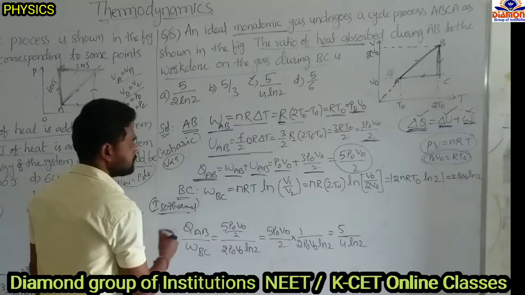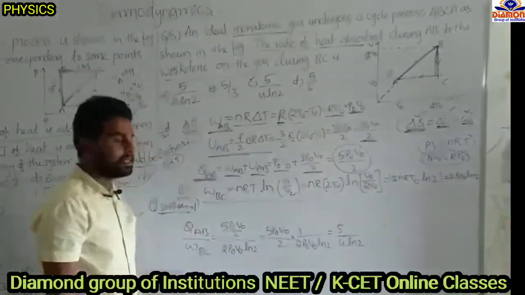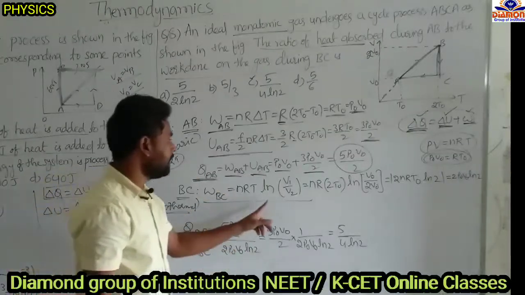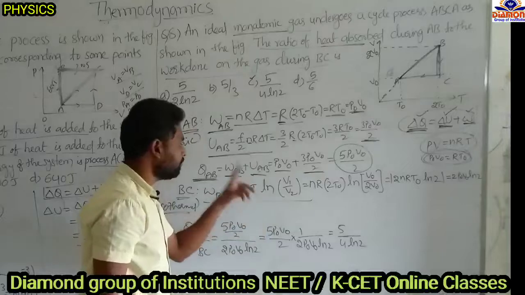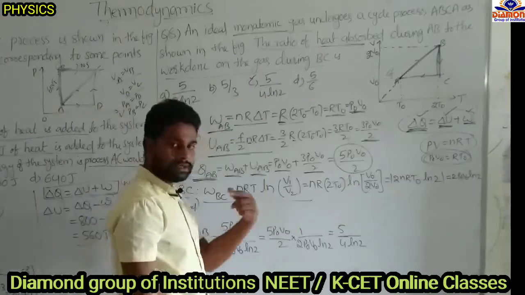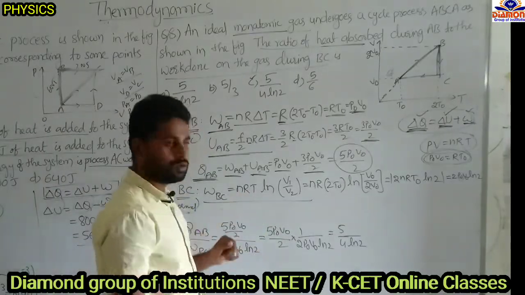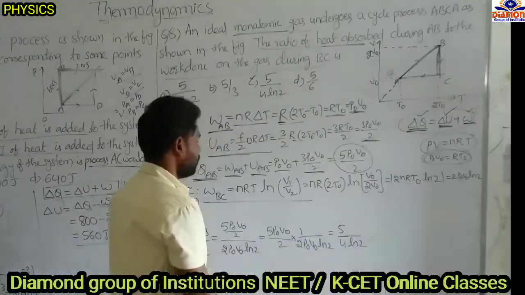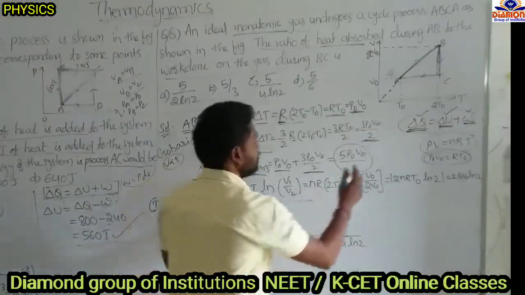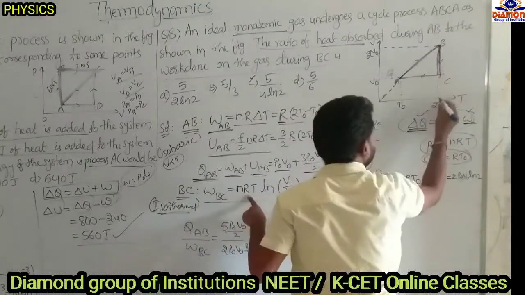For the isothermal process we know the work done formula. That is nRT ln of V final by V initial. If I use log base 10, then I have to multiply by 2.303. Here the options have ln only. Now, at what temperature is this curve? 2T naught.